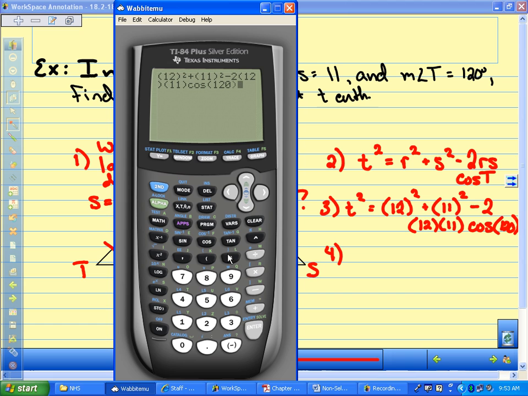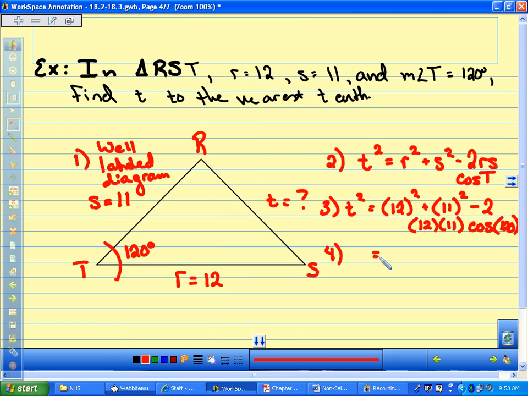Okay. So do I have typed in exactly what we need? Yep, 12 squared plus 11 squared minus 2 times 12 times 11 times the cosine of 120, and I get 397. Now that 397 is equal to what? T squared. T squared equals 397. So therefore, t is the square root of 397.